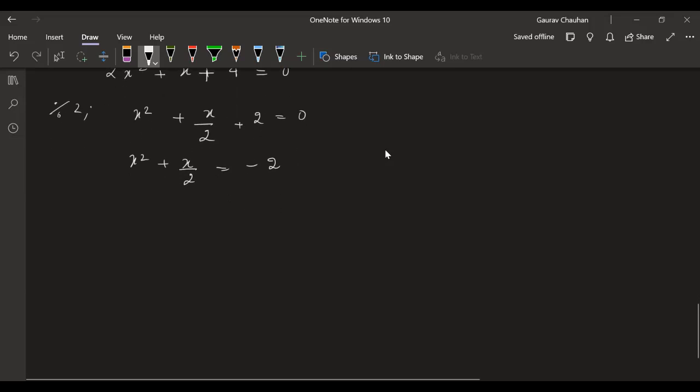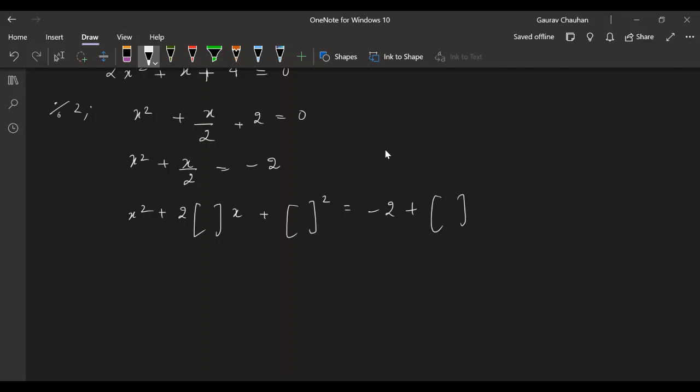Right now, I have to complete this square, and for that, I need x square plus 2 into dabba into x plus dabba square is equal to minus 2 plus that dabba square. Now, what do I write inside this dabba so that I get x by 2? The coefficient of x is 1 by 2, right?